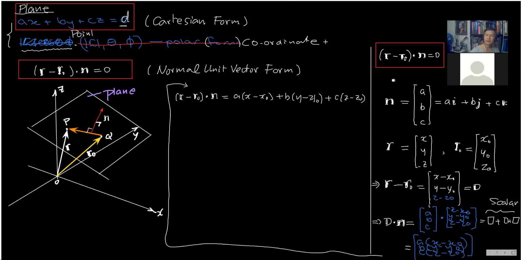According to the definition, that is why we use a vector to denote this equation. Okay, this equation is our plane equation already.